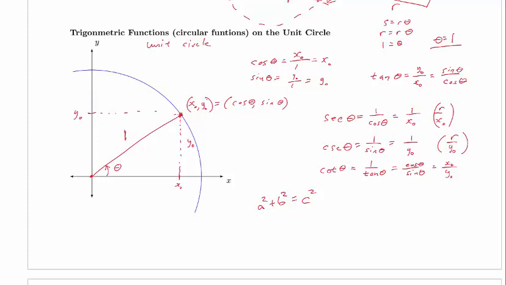Looking at the right triangle, the legs are respectively x naught squared and y naught squared, and the hypotenuse is simply 1. So 1 squared is just 1. The x naught and y naught are the same thing as cosine and sine. So we have here cosine theta squared plus sine theta squared equals 1.